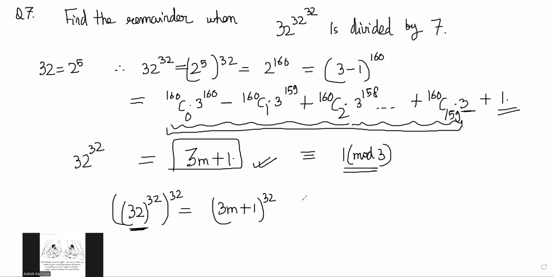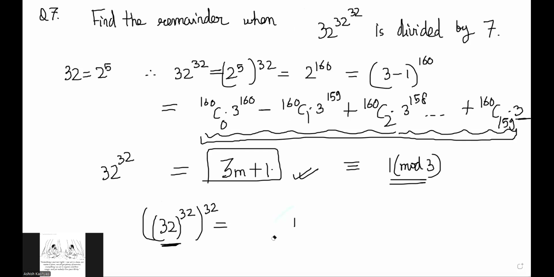Actually, it is better if we don't do it like this. So what I will do is, on the next screen, I have 32 to the power 32 to the power 32. And I know 32 to the power 32 is of the form 3m plus 1, right?